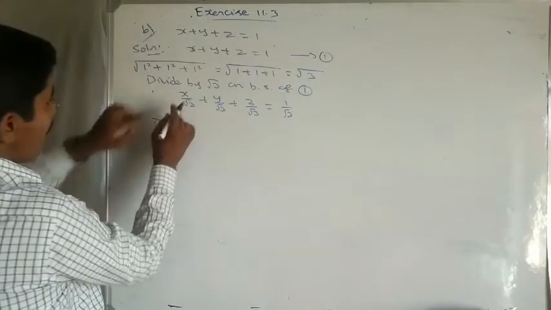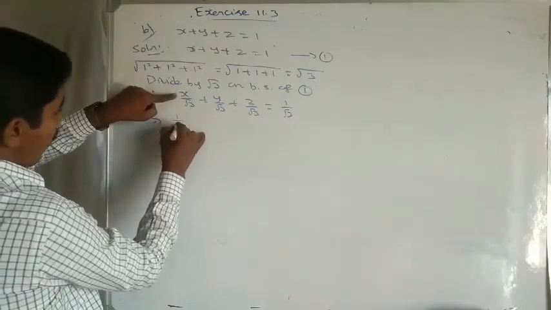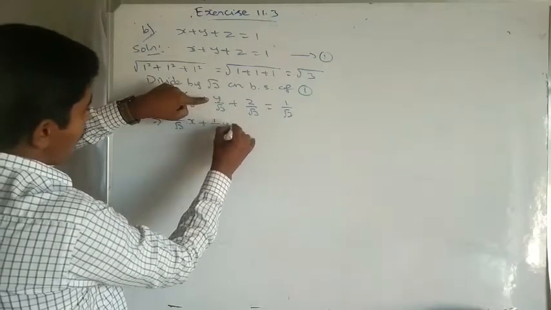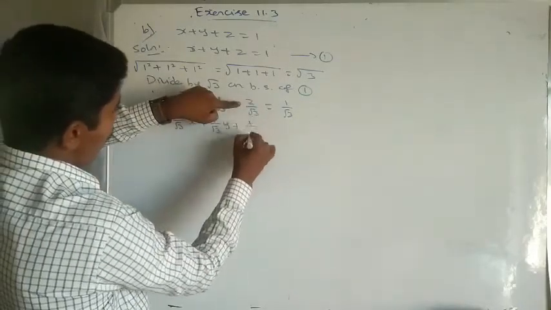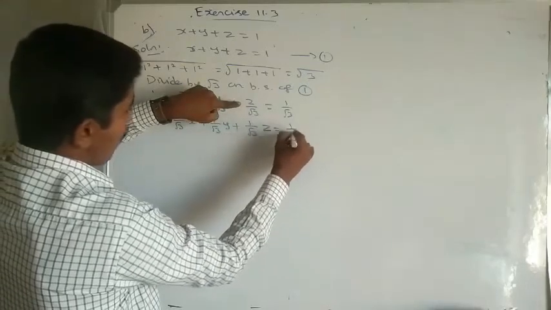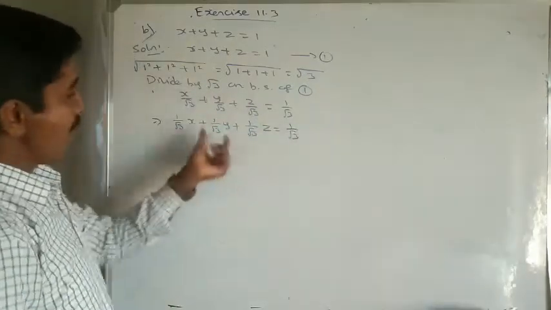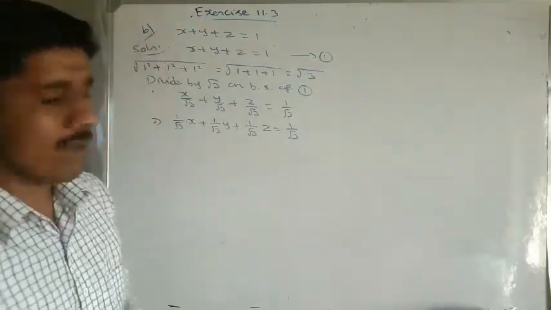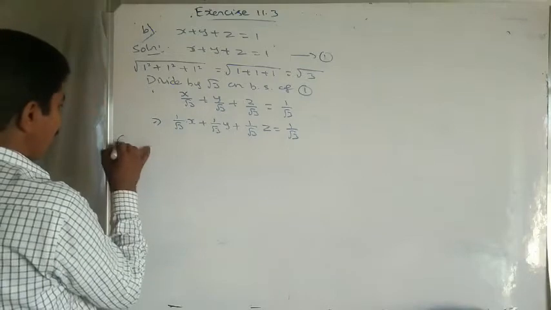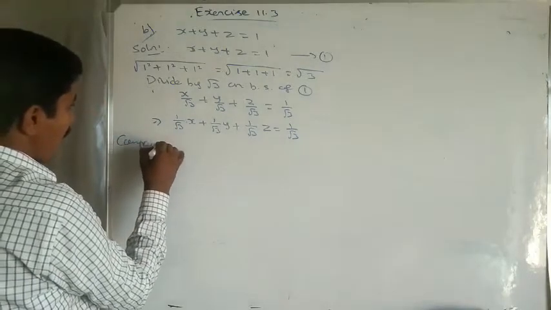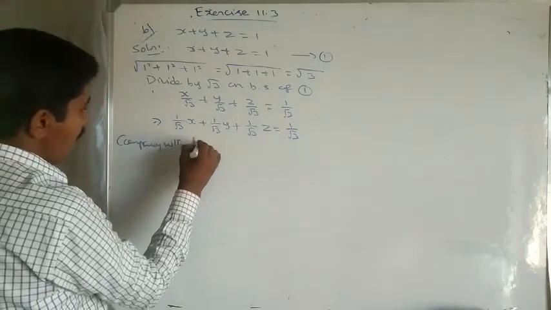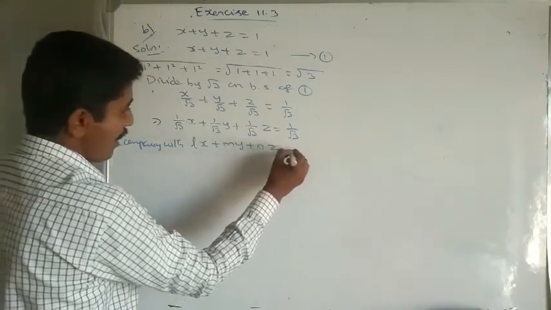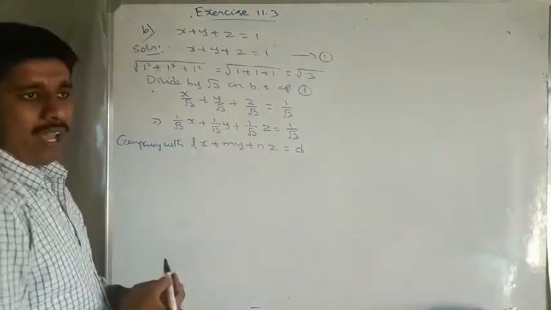Here the x coefficient is 1 by root 3, into x, the y coefficient is 1 by root 3 into y, plus the z coefficient 1 by root 3 into z is equal to 1 by root 3. Compare this with the standard form of the plane, Lx plus My plus Nz is equal to D. First write L, M, N and D values.